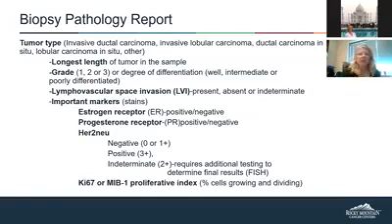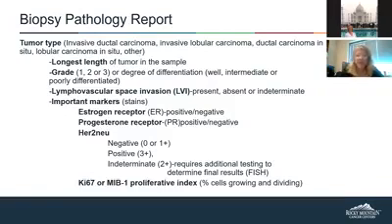We get information about the grade of the tumor, and this often will get confused with stage, which I'll talk about later, but grade really refers to how abnormal do the cancer cells look. So if the cancer cells look very similar to normal ductal cells, we call that grade 1, and those tend to be slower growing cancers.